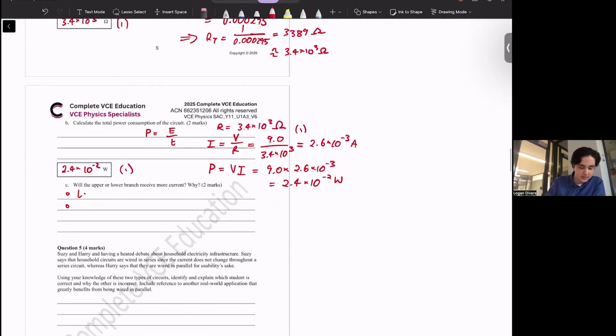So we can say the lower is 1 mark. Just put in that statement there. Current always follows the path of least resistance. And easy peasy. There's another mark there. That's our question done.